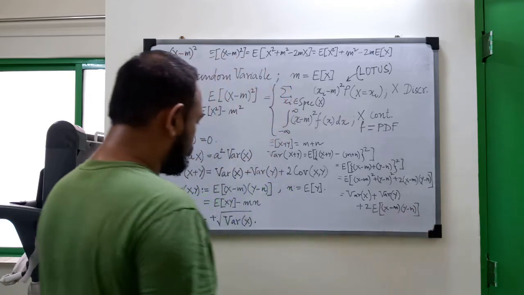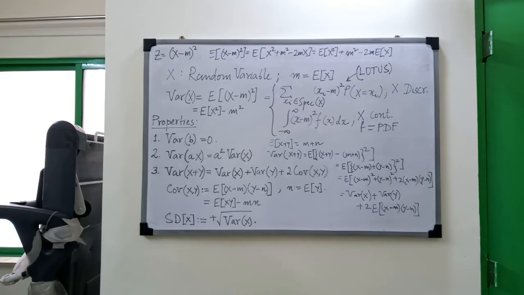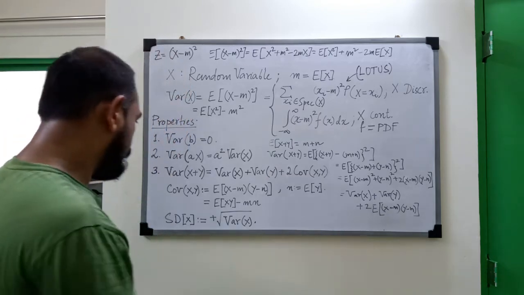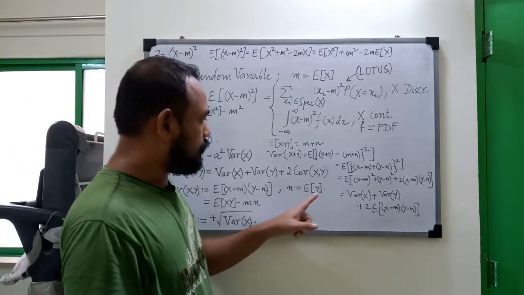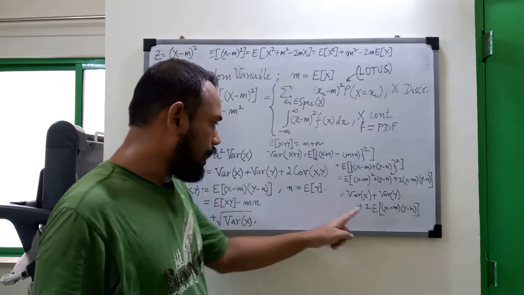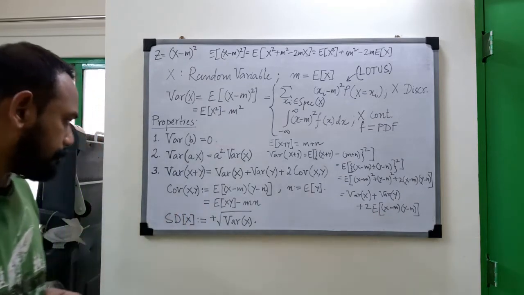This quantity, expectation of x minus m times y minus n, is written as the covariance of x and y, covariance between x and y, whichever way you want to call it. Okay, so if you do the variance of x plus y, you get variance of x plus variance of y plus 2 times this quantity, which we call the covariance of x and y.